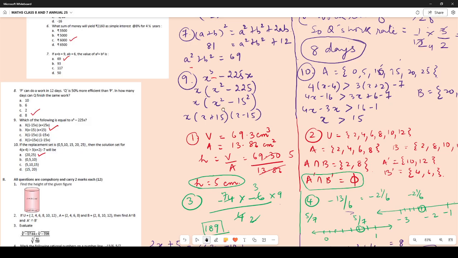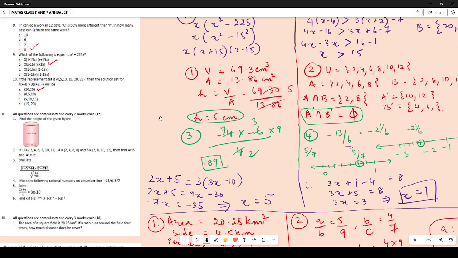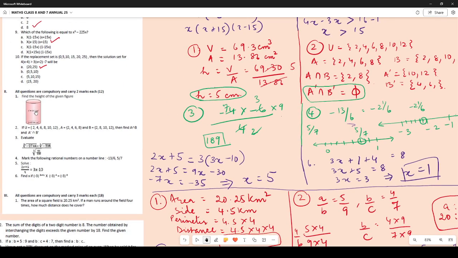Alright, now let us move on to the next segment where you see the figure of a cylinder where you have been given the dimensions, where V is given as 69.3 cubic centimeters and area is given as 13.86 square centimeters.